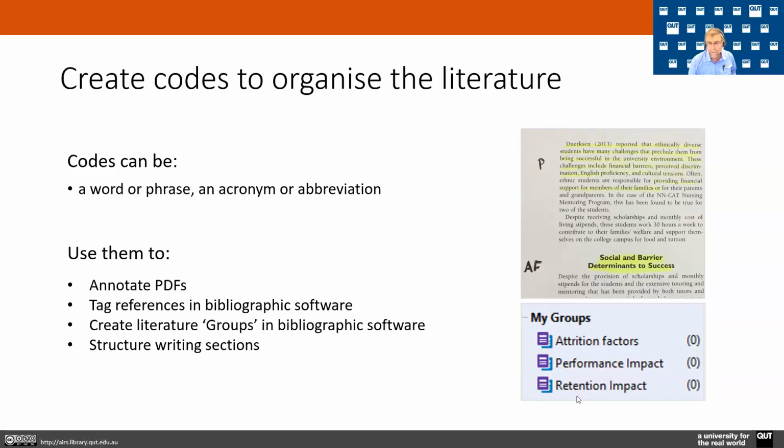EndNote is reference management software, and has the ability for you to manually assign papers to a particular attribute or group. In this case we've got attrition factors, performance impact, retention impact. They're the three big ideas. At the moment there are 0 documents showing there, but they'll be added in as the researcher starts to categorize and organize their literature.